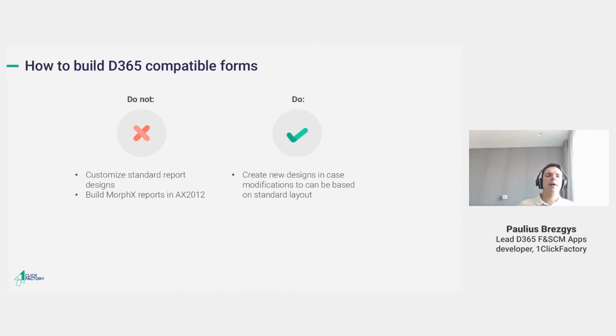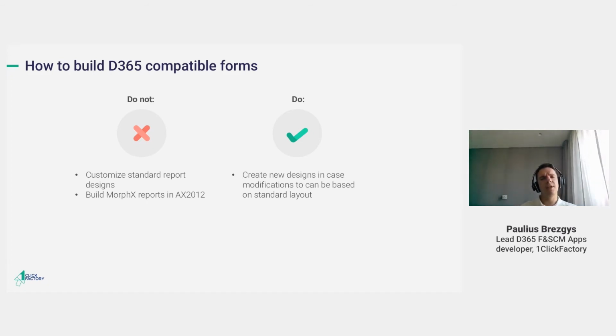Another thing not to do, which we sometimes see in AX 2012, is that in AX 2012, we still had two technologies to build reports. We still had the SRS reports, which was the new technology back in AX 2012. And also we had those Morphx reports, or basically X++ reports, which was a legacy from the previous AX versions.